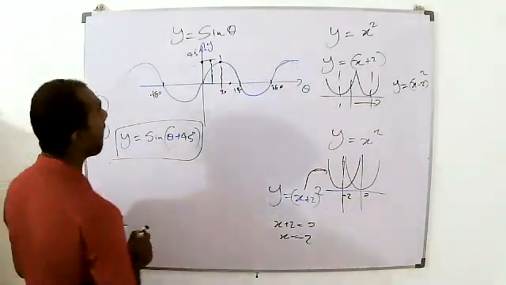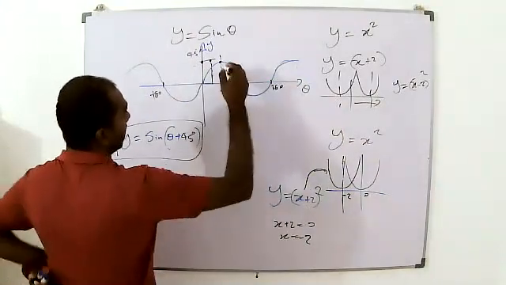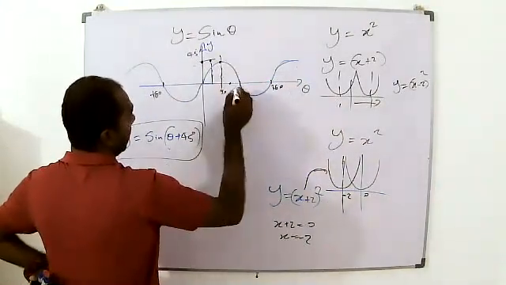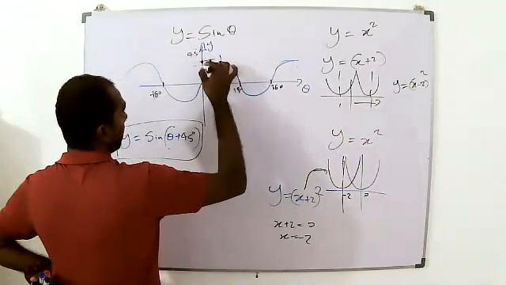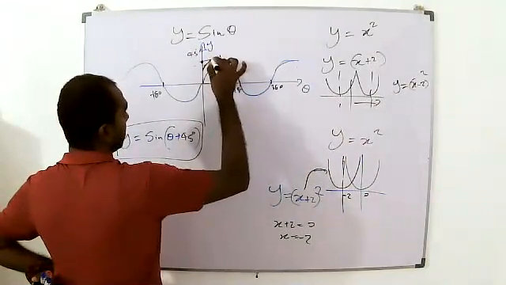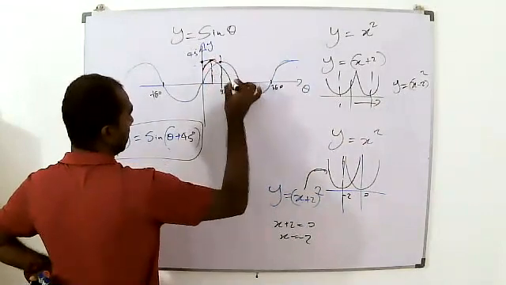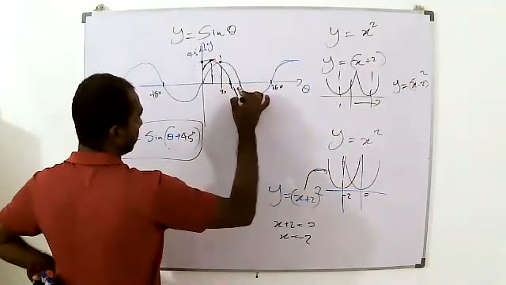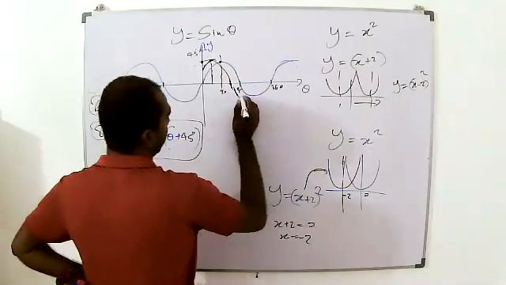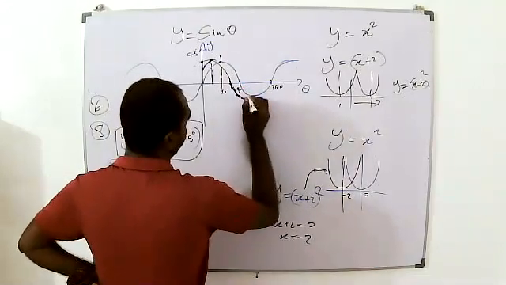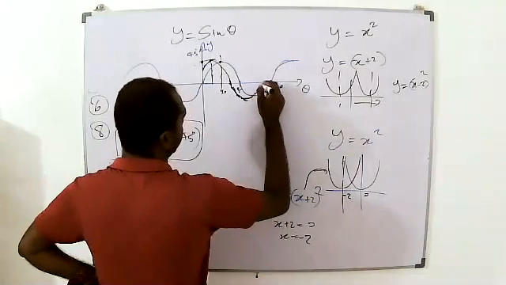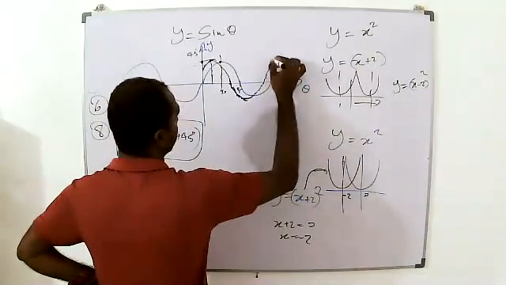Now, at 135 degrees, it's going to go to 0. This is a little bit tricky. At 225, it's going to be top.